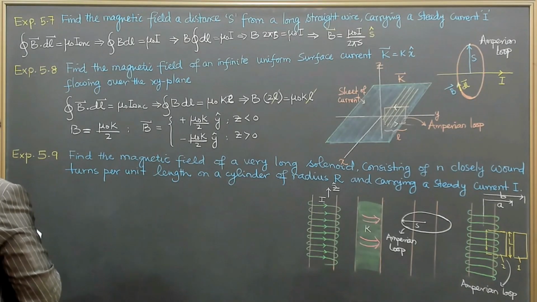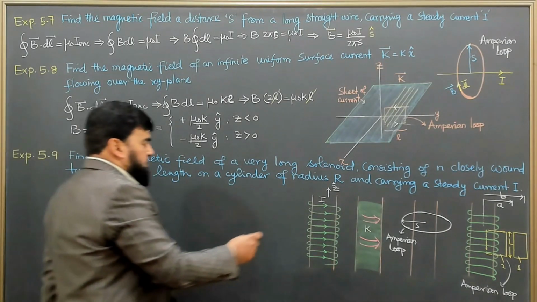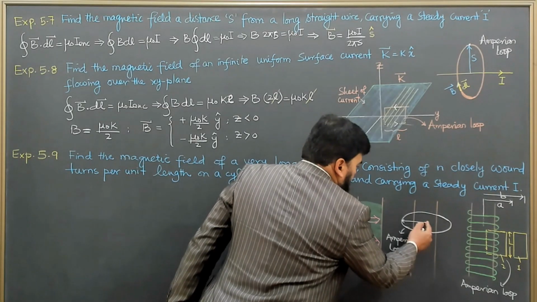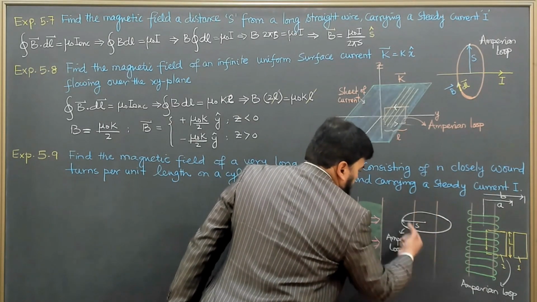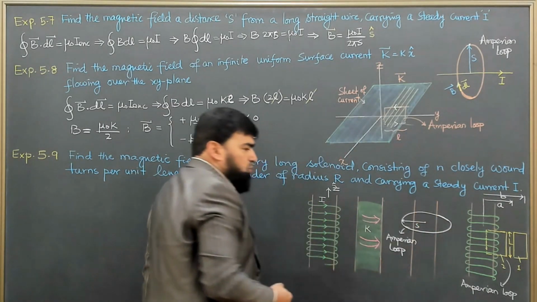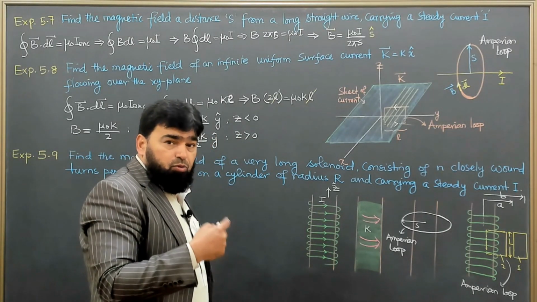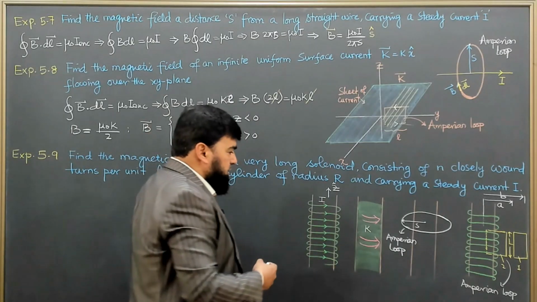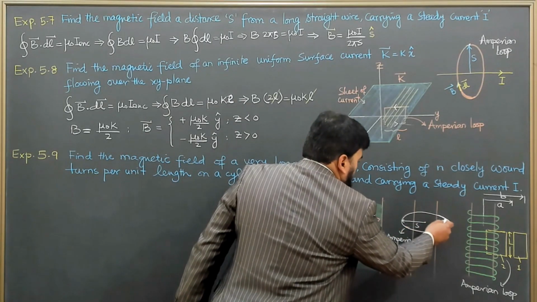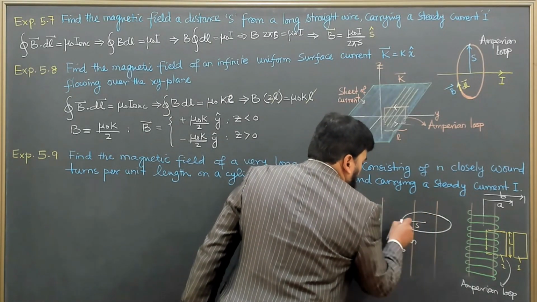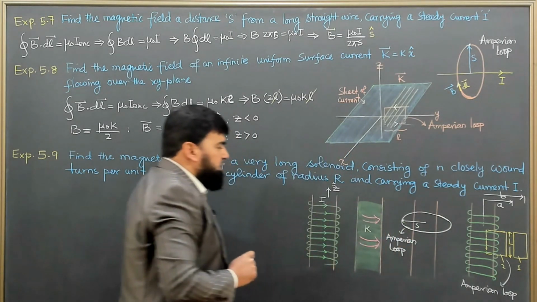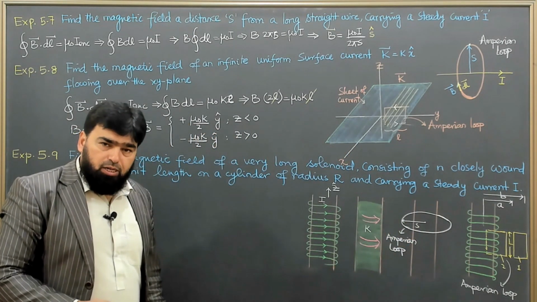So, considering this is the solenoid, with a current carrying wire wound around it, we are going to calculate the field at a distance s outside the solenoid.